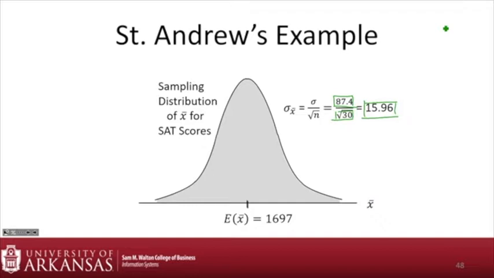So when I have a sample size of 30, my standard error of my mean is about 16 points. So I'm just looking at 1 point estimate. Then I've got a 1697, and I've got about an 87 point range in my scores. But now that I have a sample size of 30, my standard error of my mean is about 16 points.